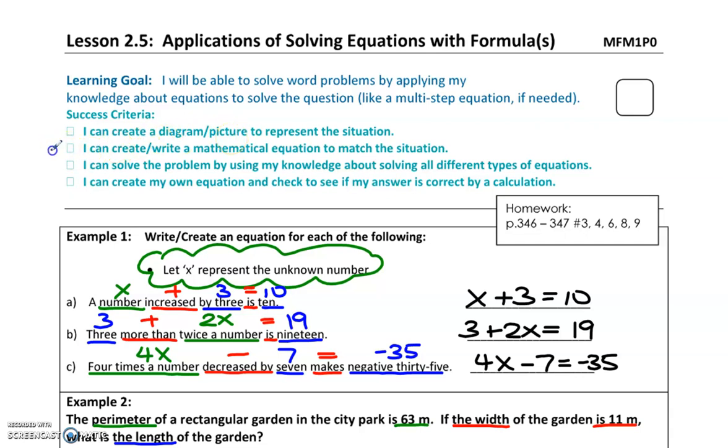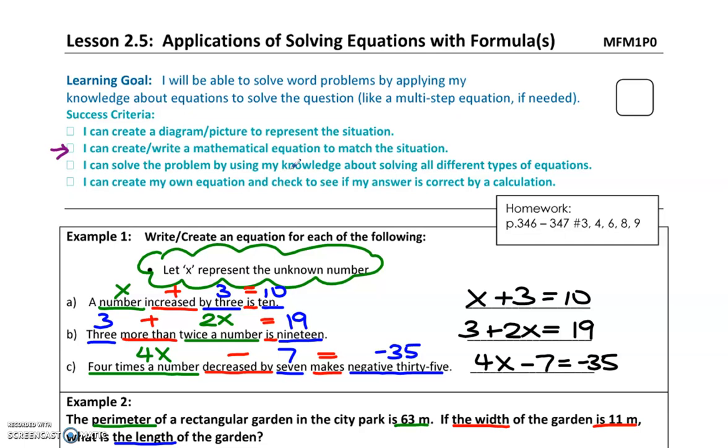So this one right here is actually the hardest one to do, is create an equation, and you're basically translating the word itself into math numbers and symbols. So after you have those numbers and symbols in an equation, you can then solve it using any of the tools that we had taught you from 2.1 to 2.4. And lastly, you always want to just check to make sure that you got the right answer, to see if your answer makes sense.